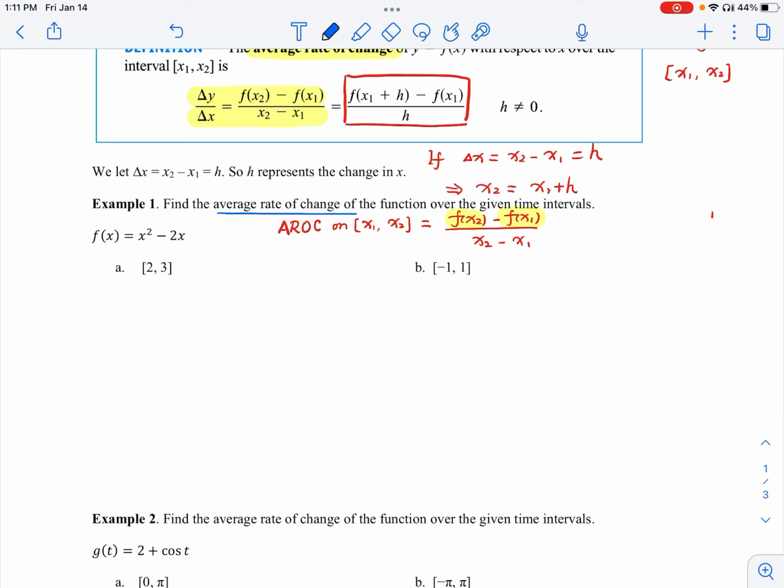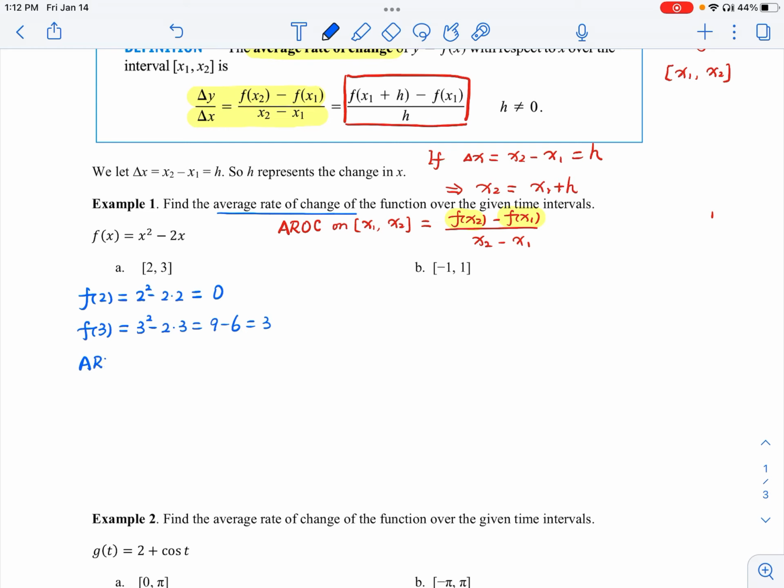Let's see A, on the interval 2, 3. We're going to calculate f(2), the value of y when x equals 2. Plug in x equal to 2: 2 squared minus 2 times 2, that is 0. Next, f(3) is 3 squared minus 2 times 3, 9 minus 6 gives us 3.